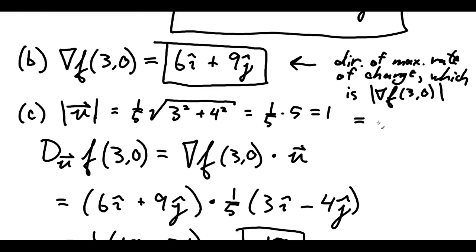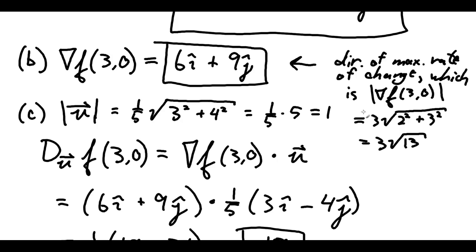So that looks like, let's factor a 3 out of that, so 2 squared plus 3 squared. 4 and 9 is 13. So if we were asked at the point 3, 0, what is the maximum rate of change of the given function, that maximum rate of change would be 3 radical 13. And it happens in the direction 6, 9.